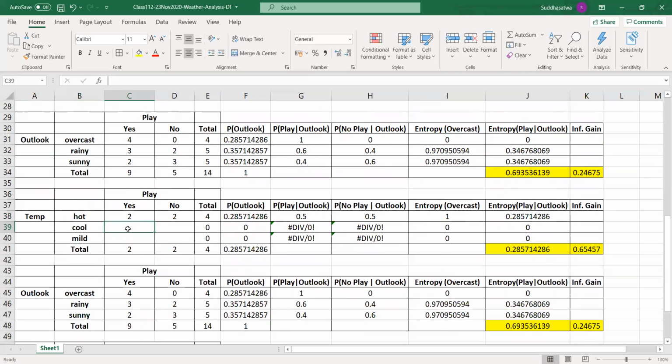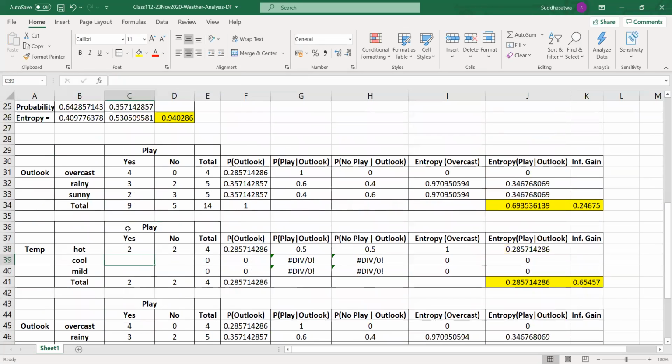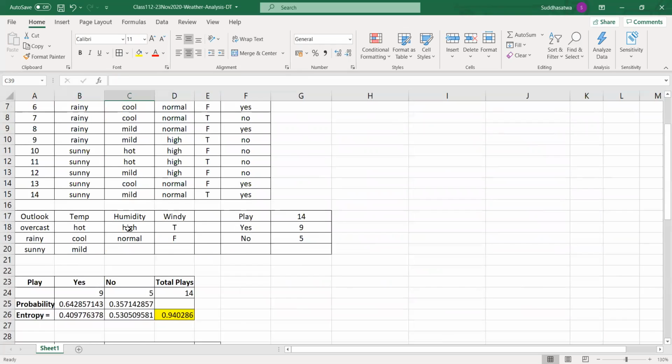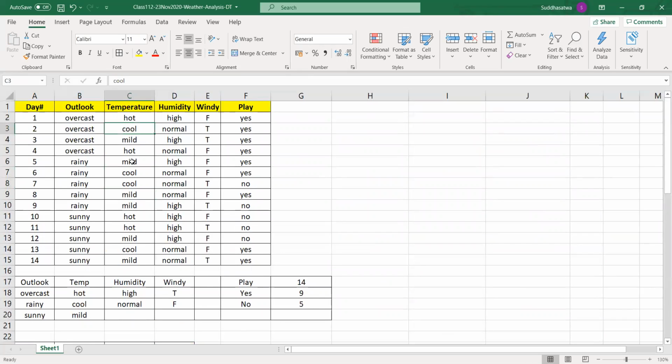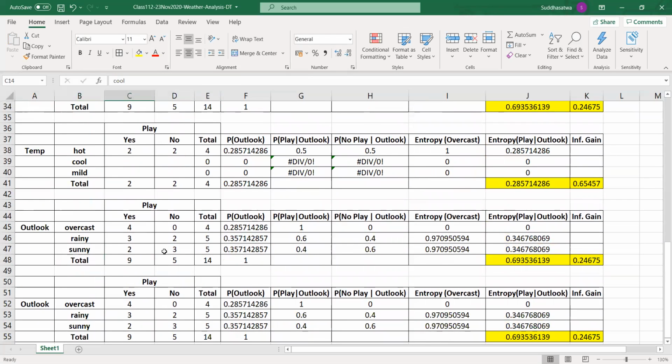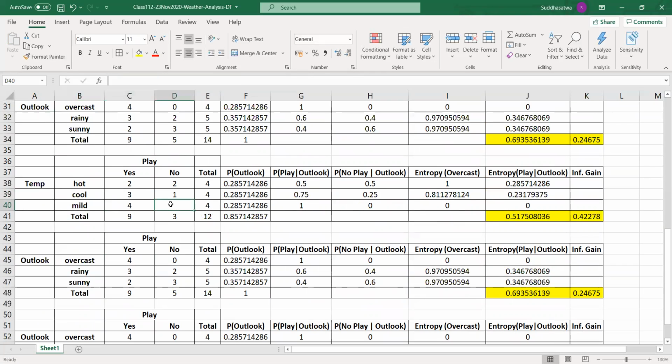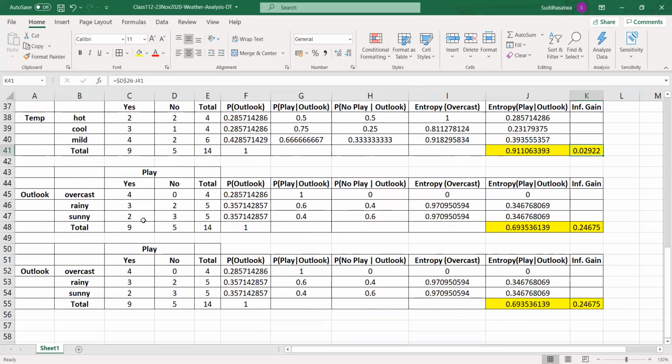For cool it is 3 comma 1. Obviously the remaining is going to be 4 and 2, because the total has to be 15. Now I have got the impurity, the entropy, and the information gain here.